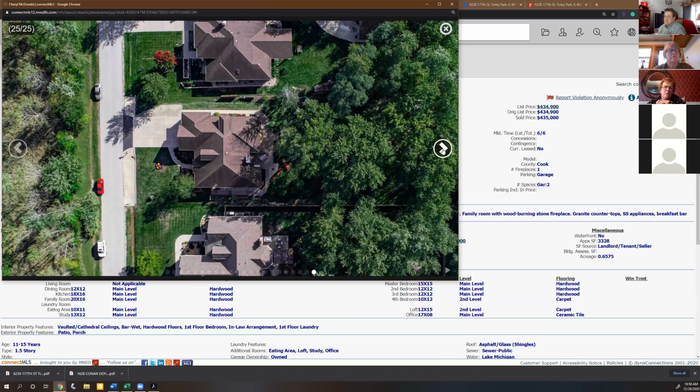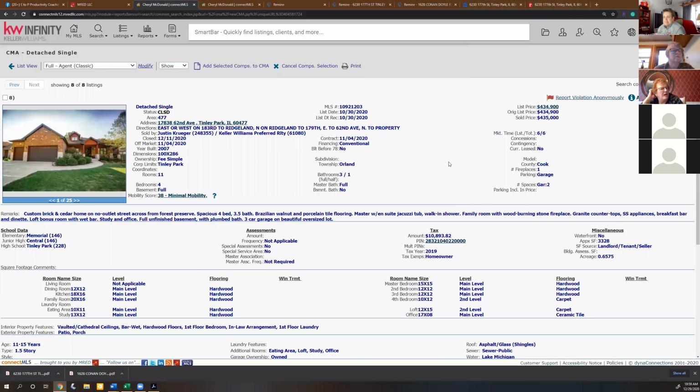Doesn't it have to have a separate entrance? It does. When you go into the garage and go in the service door, you go up the stairs to the second story living area. There is a door right there.